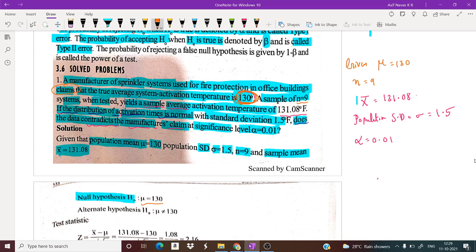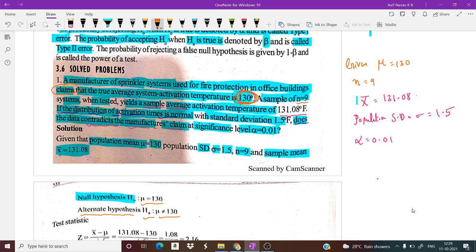So we have to test whether the sample values contradict this fact. So the alternative hypothesis is whether mu equals 130 or not. That means HA is mu not equal to 130.